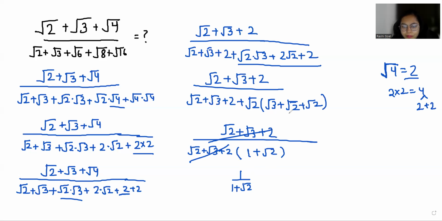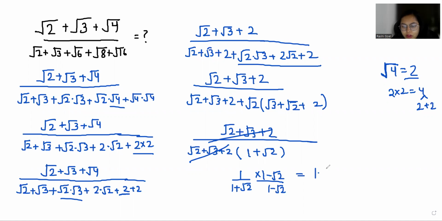Now, to remove this square root from the denominator, we multiply by 1 minus square root 2 by 1 minus square root 2.